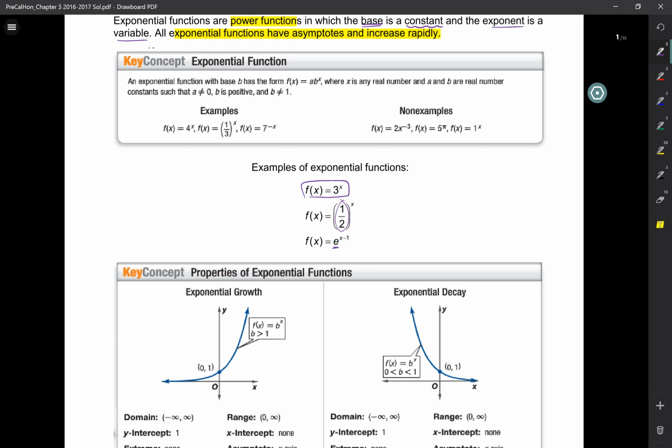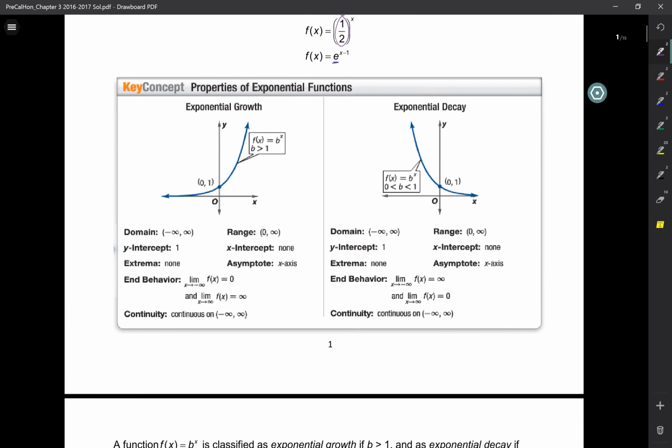Same thing, if you take antibiotics, within a day or two, they're all dead. That's exponential decay. All right, what is important to note up here is that an exponential function has a base b to the power of x, and it could also have another coefficient next to it. All right, so we're going to get to that in a little bit.